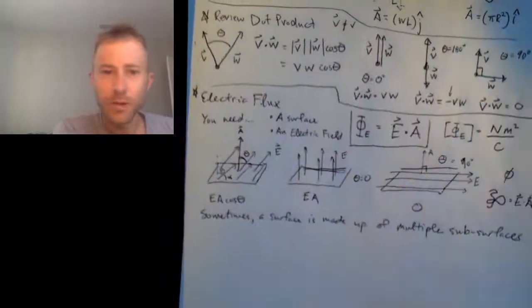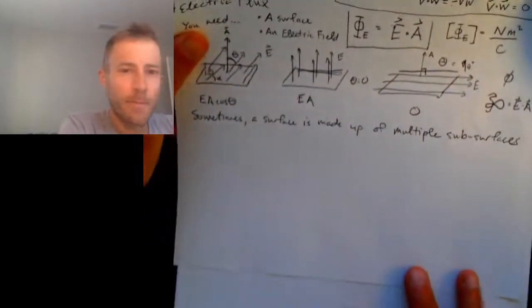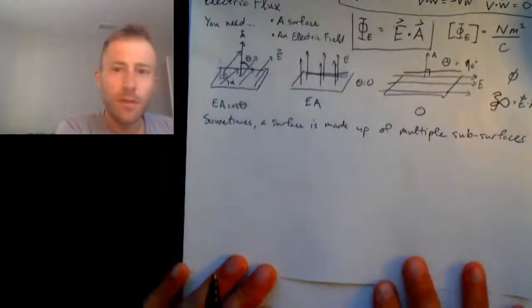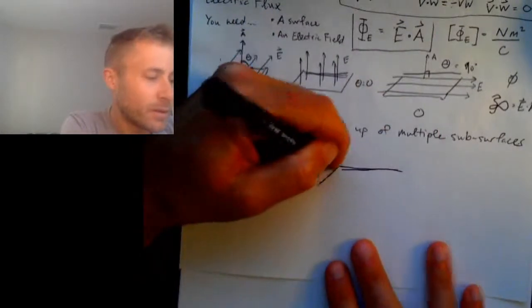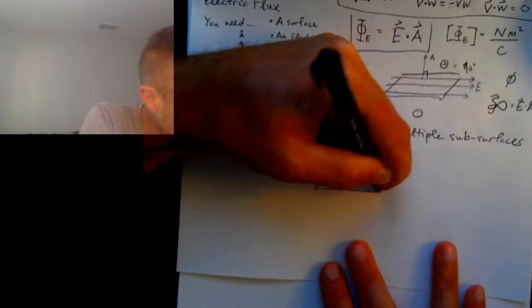Okay, so we're going to make this a specific example here. So an example of that, let's suppose we have something that looks like this.